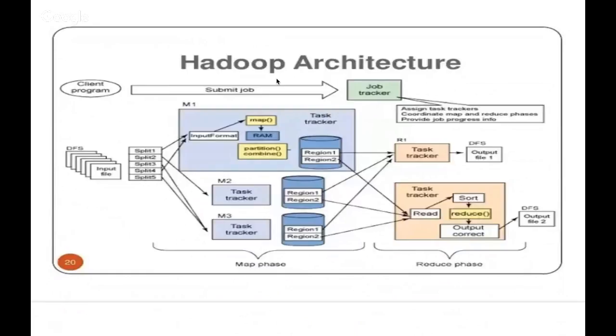And there are two mappers, M2, M3. All these are mappers. As you can see, the task tracker is combining all the data in the output file 1. So that is the output file 1 of a single reducer R1.